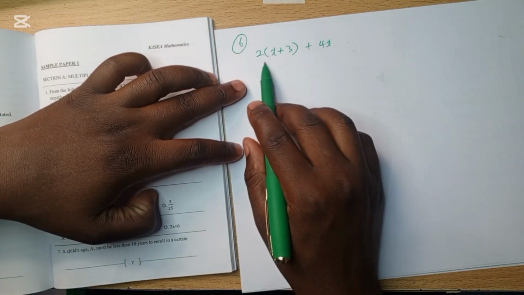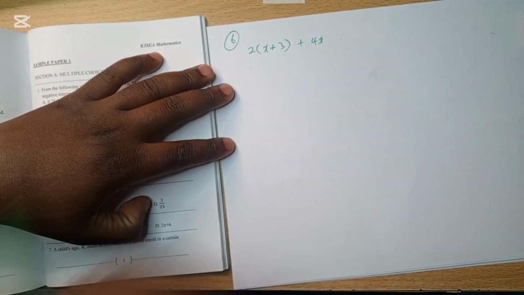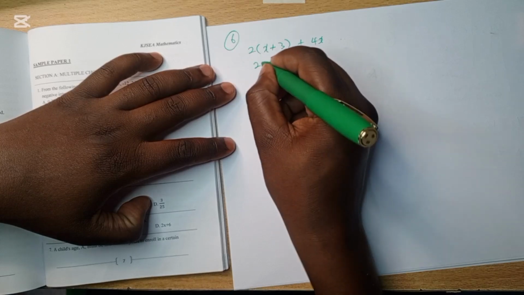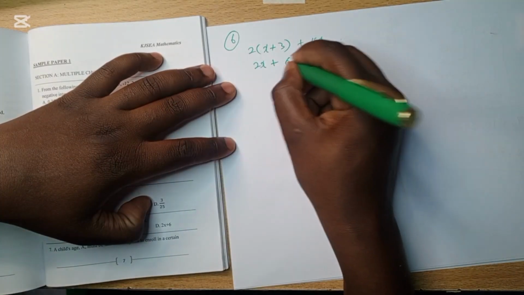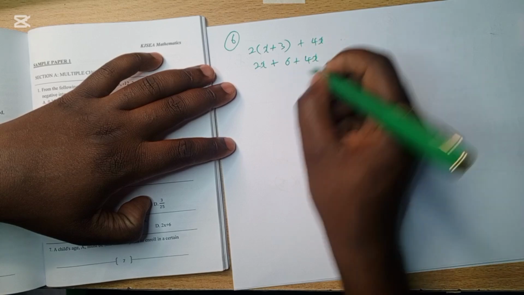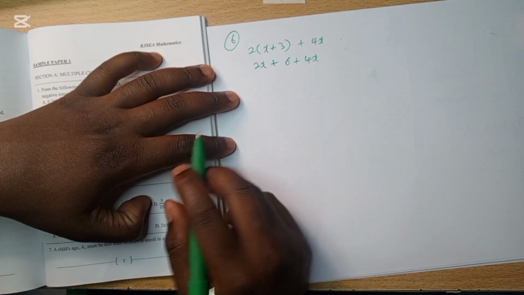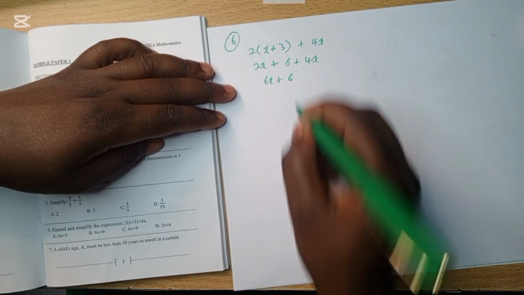The first thing is to open the bracket, then you proceed. So you open 2 times x, 2x, plus 2 times 3 is 6, plus 4x. Then you put like terms together. 2x plus 4x is 6x, plus 6.